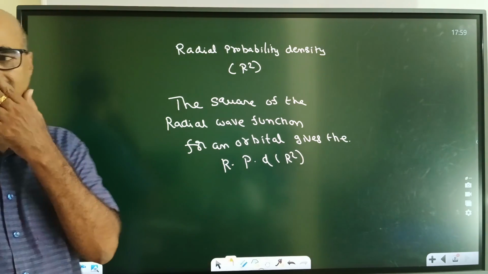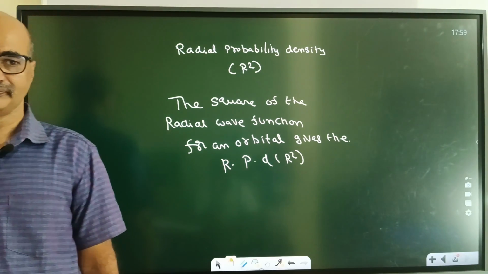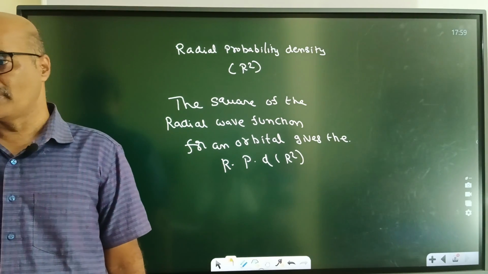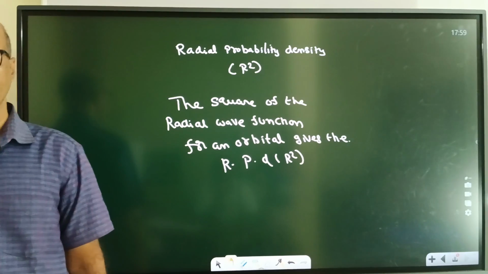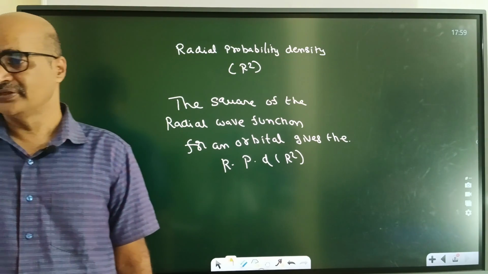R square gives the probability density of finding the electron at a point.